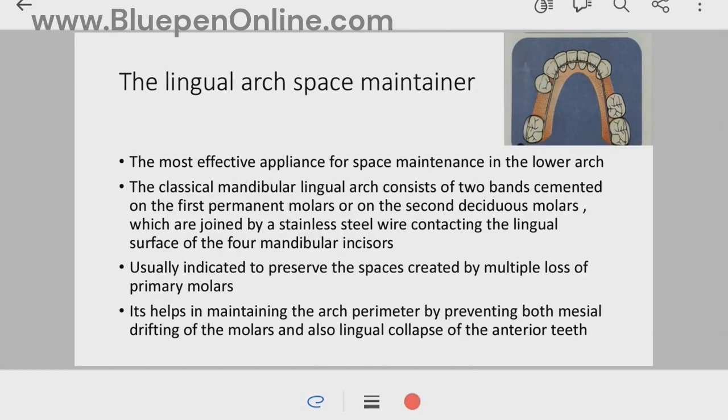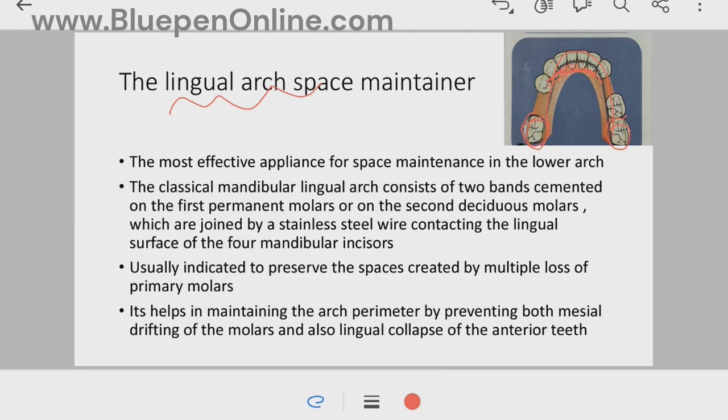Then lingual arch. This is the most effective one when you use it in the lower arch. That's the reason, lower arch. You have two bands on either of the molars. It can be the first permanent or the second deciduous. And these are joined by what? A stainless steel wire like this, connecting along the lingual surface of the four mandibular incisors.